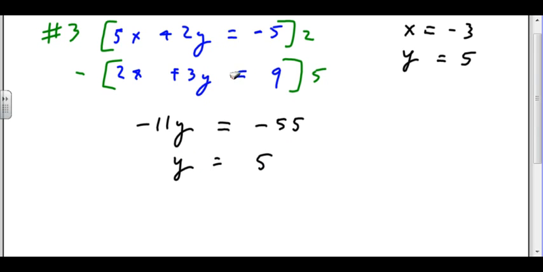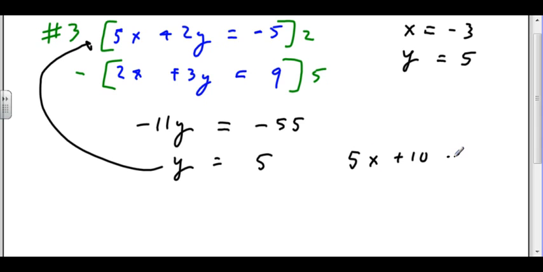And then once I have that answer, I would substitute it back in. We'll put the 5 back into the top equation. So 5x plus 10 is equal to minus 5. 5x is equal to minus 15. x is equal to minus 3, exactly what my calculator said.